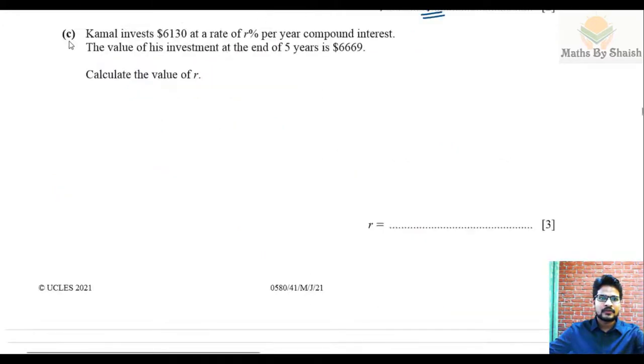Now for C part, Kamal invests $6,130 at a rate of R% per year, compound interest. The value of his investment at the end of 5 years is $6,669.